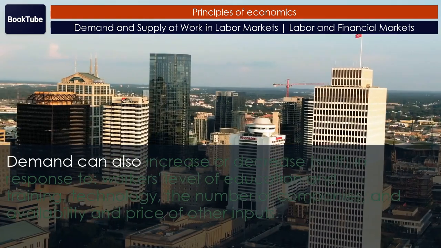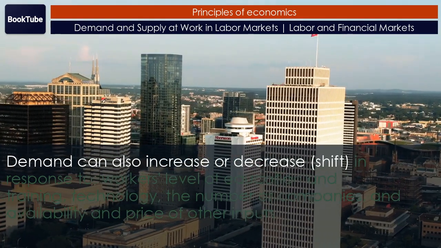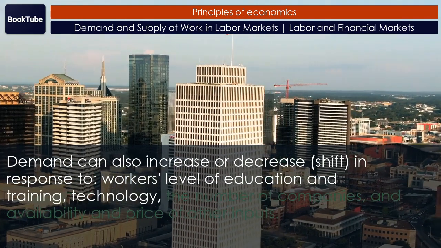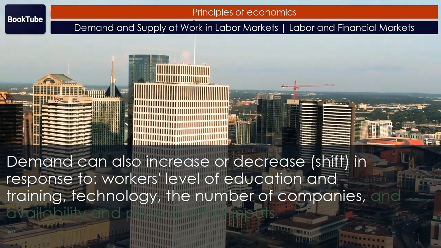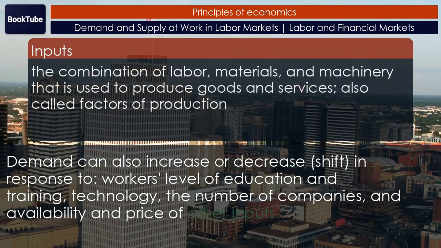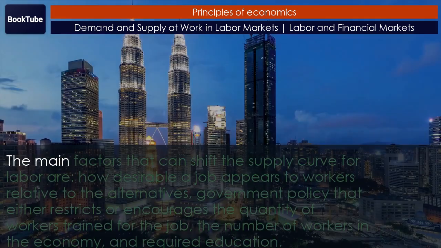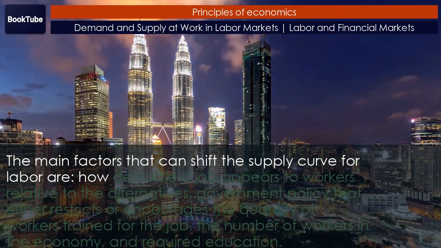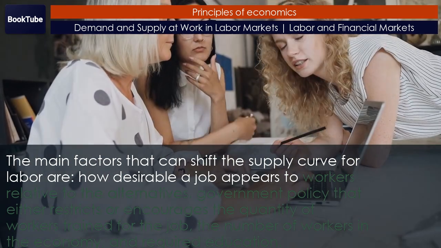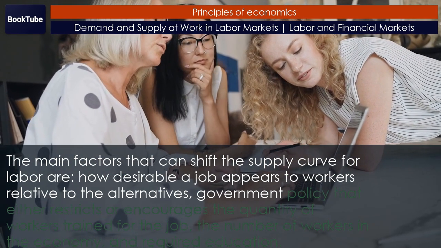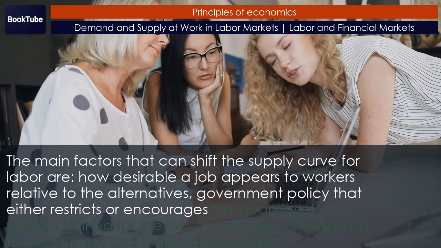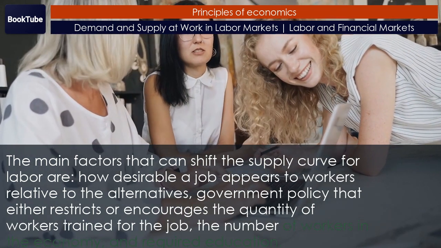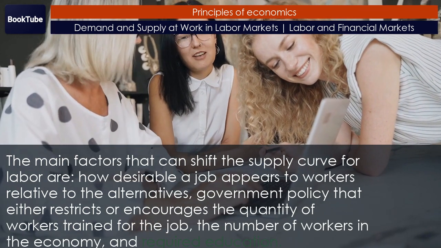Demand can also increase or decrease in response to workers' level of education and training, technology, the number of companies, and availability and price of other inputs. The main factors that can shift the supply curve for labor are how desirable a job appears to workers relative to the alternatives, government policy that either restricts or encourages the quantity of workers trained for the job, the number of workers in the economy, and required education.